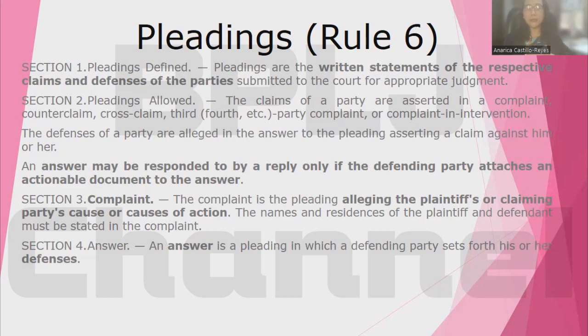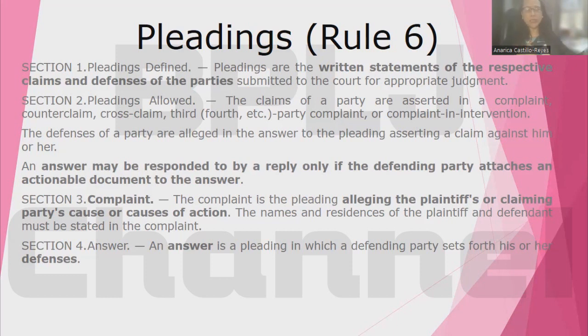An answer may be responded to using a reply only if the defending party attaches an actionable document to the answer. So unlike the previous rules, wherein a reply may be filed whether or not the answer contains an actionable document, the new rules require that for you to be able to file a reply, the answer to which you are replying must contain an actionable document.